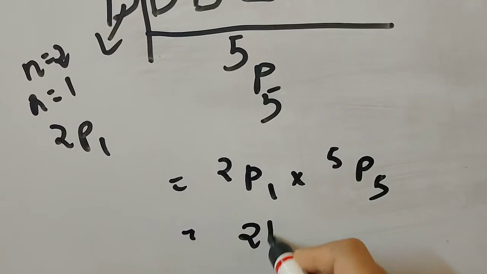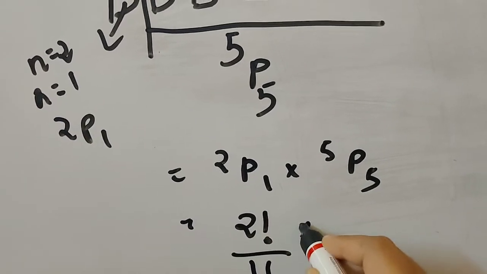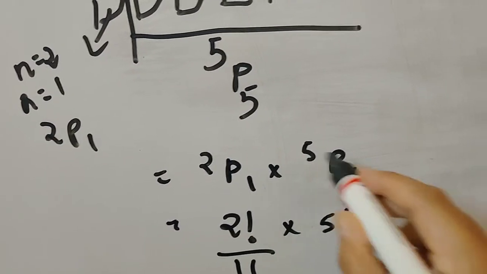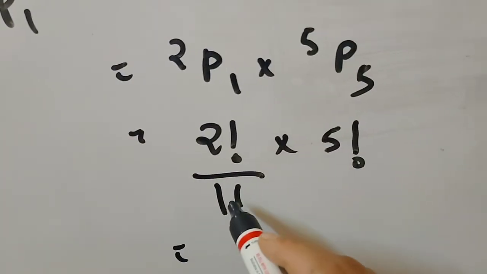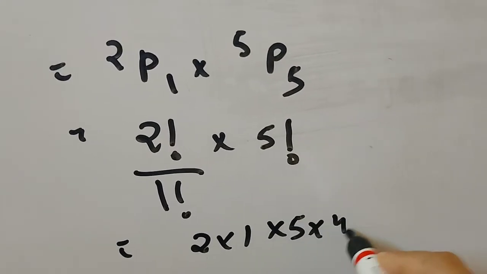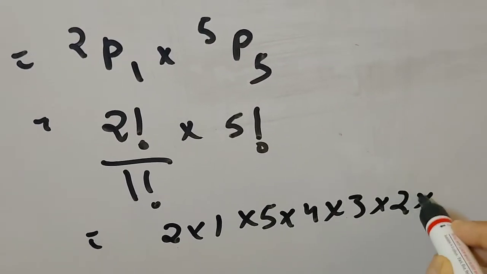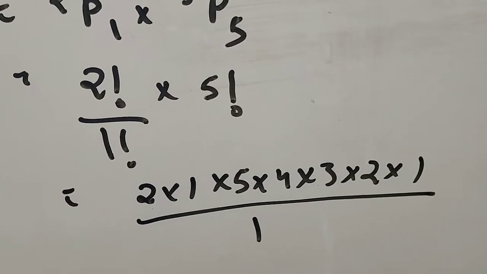Now you solve this. 2 minus 1 will become 1 only, 1 factorial, into 5P5, which will give me 5 factorial. Okay, 2 into 1, 5 into 4 into 3 into 2 into 1. 1 factorial means 1 only. Okay, 1 into 1.